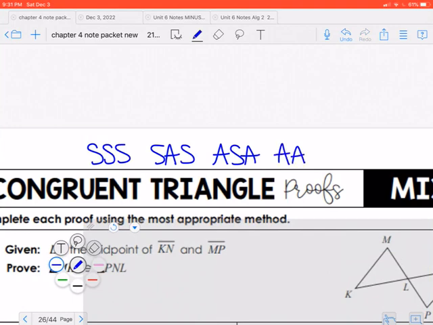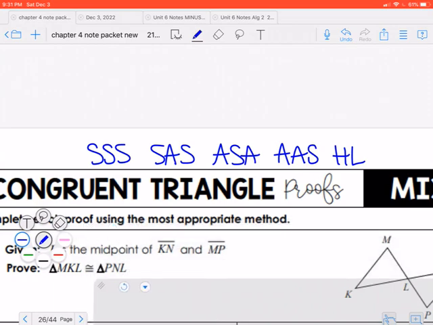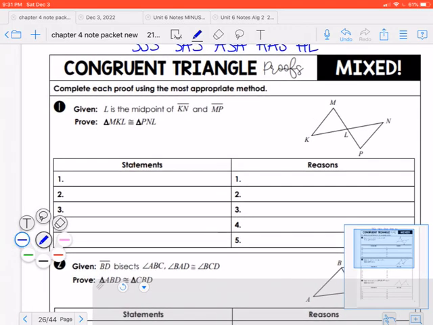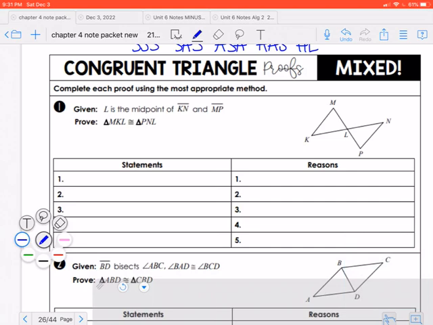And angle, angle, side. And then for right triangles, HL, hypotenuse, leg. So these proofs here could be any one of those five. And so we have to look at the diagram and think it through, work through which one of those we are able to use based off of what the diagram looks like and what they're giving to us.